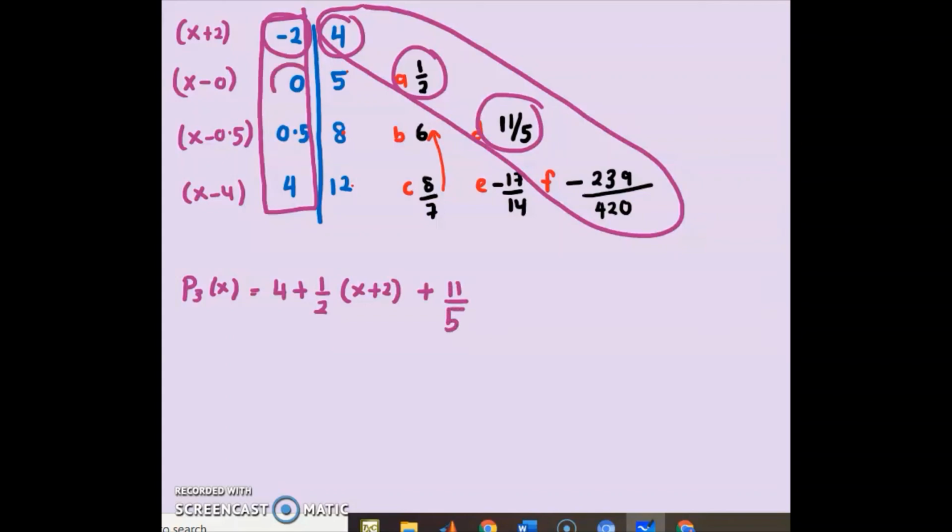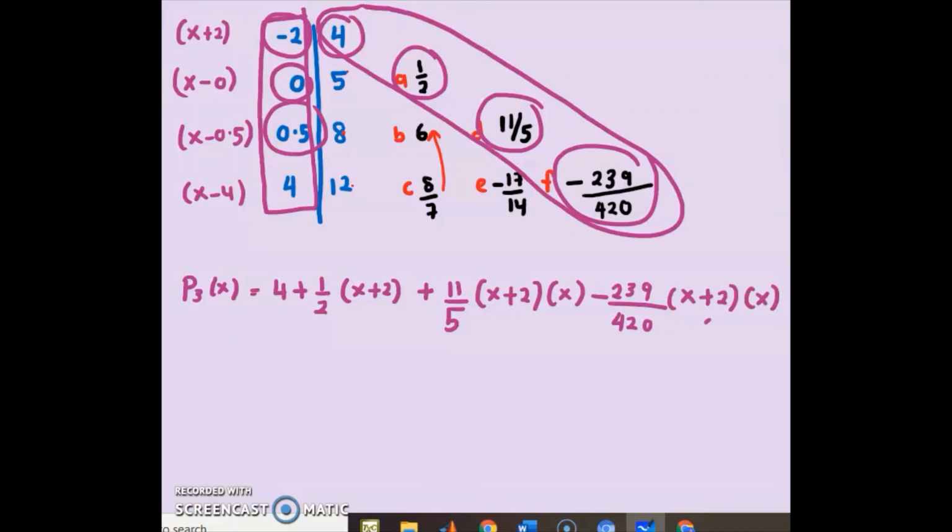We take two values of x, such as x plus 2, x minus 0, which is x, plus negative 239 over 420. Now I need three values of x, such as minus 2, 0, 0.5, so I have x plus 2, x, as well as x minus 0.5.